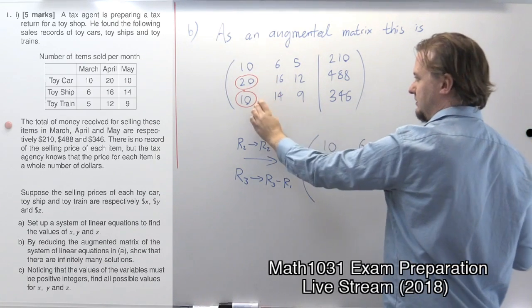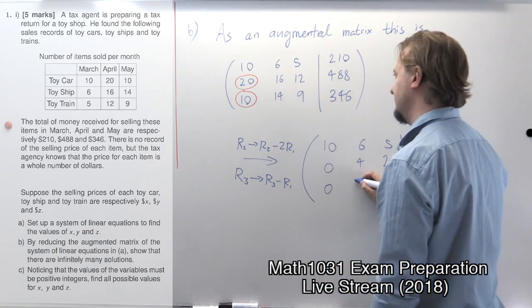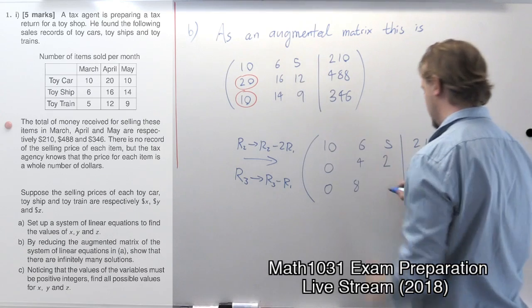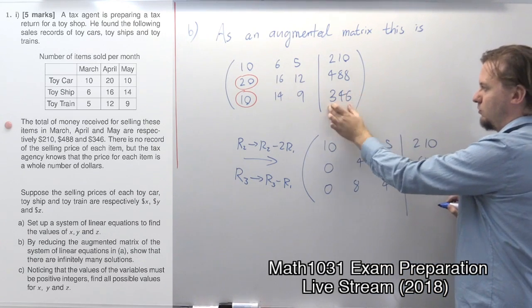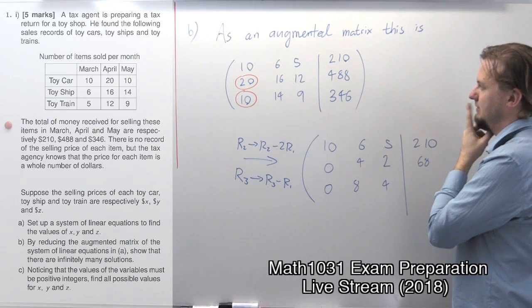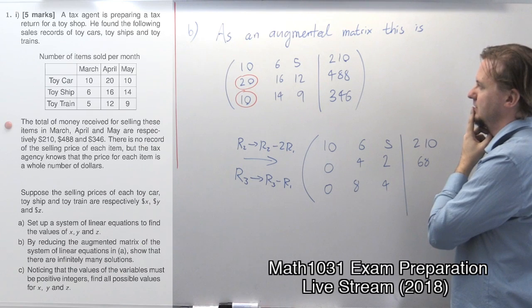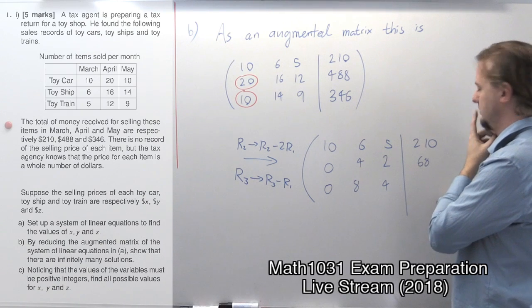Here, this is much easier, just 10 minus 10, 0. 14 minus 6 is 8. 9 minus 5 is 4. And 346 minus 210, let's see, that's 90 with a 46, so 136.